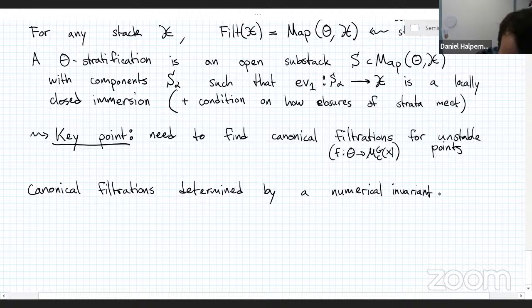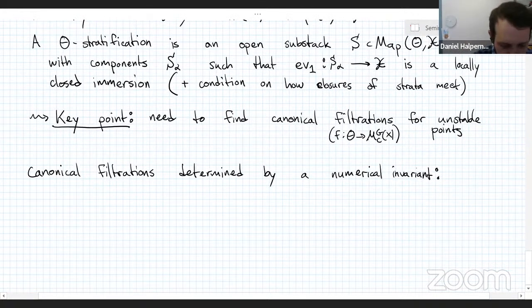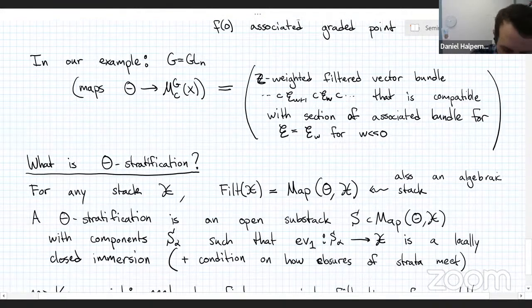And again, this has a general meaning, but I'll just say in our example, there's just a formula. So recall from up here that a filtration is the same thing as a Z-weighted vector bundle that's compatible with some additional data associated to that vector bundle, be it an endomorphism or what have you.